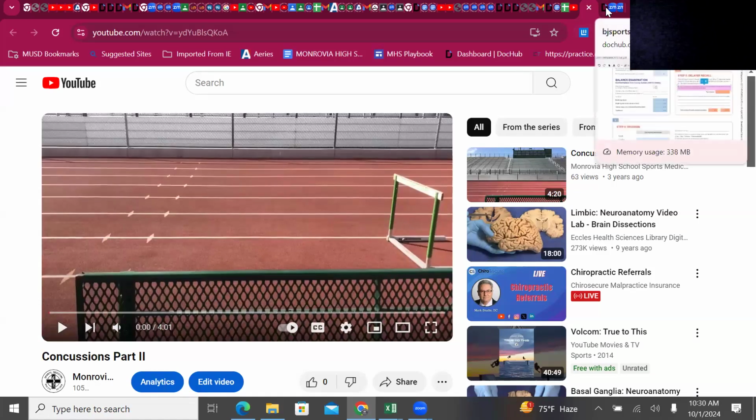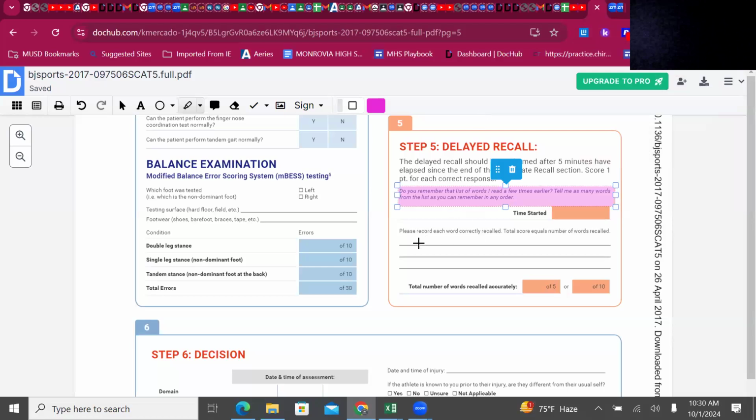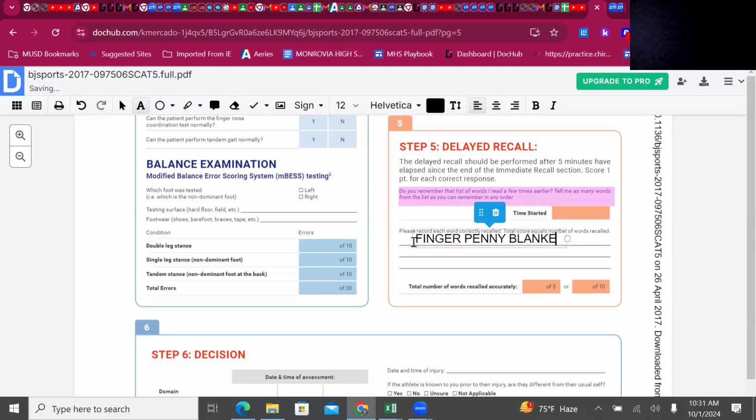So then I'd go back to this part. We would write down every word: finger, penny, blanket, lemon, insect. We would write 5 out of 5.